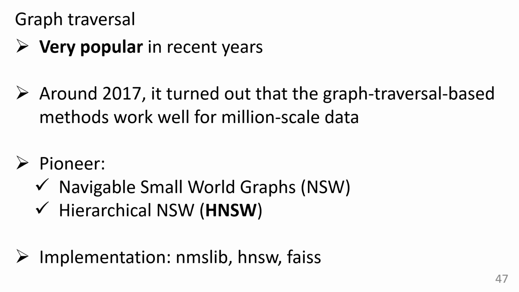The pioneer is the navigable small world graph, NSW, and its hierarchical version, hierarchical NSW, HNSW. This is super important, so please remember this one if you don't know. There are many implementations. I will explain this algorithm.